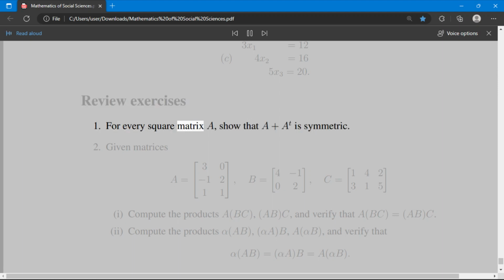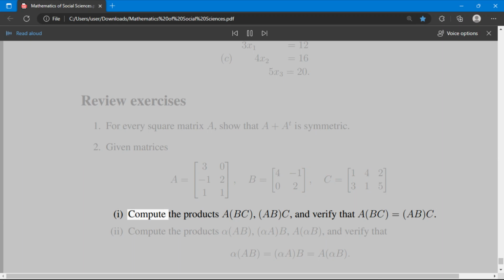Review exercises. 1. For every square matrix A, show that A + A^T is symmetric. 2. Given matrices A = [3 0 1; 2 1 1], B = [4 1; 0 2], C = [1 4 2; 3 1 5].